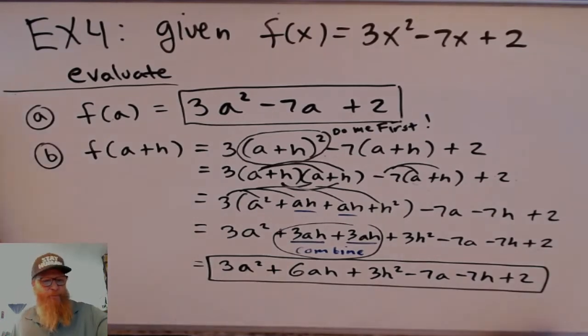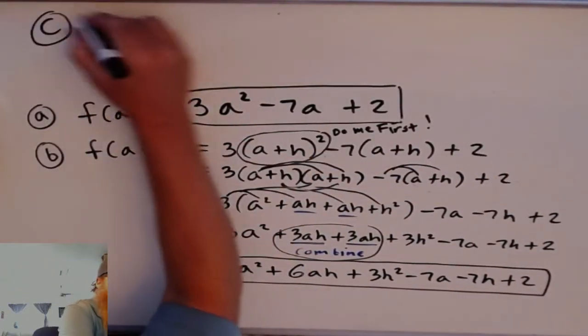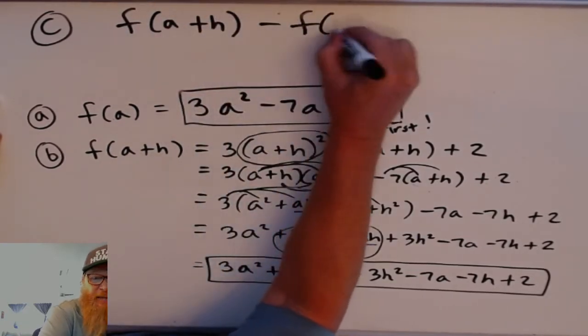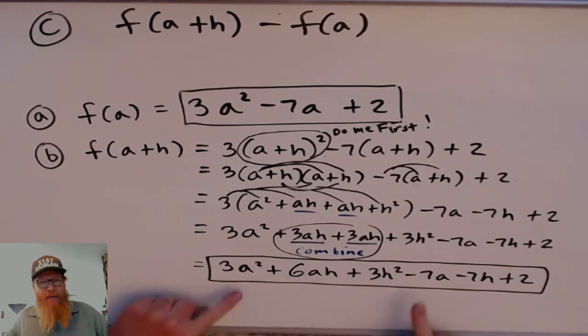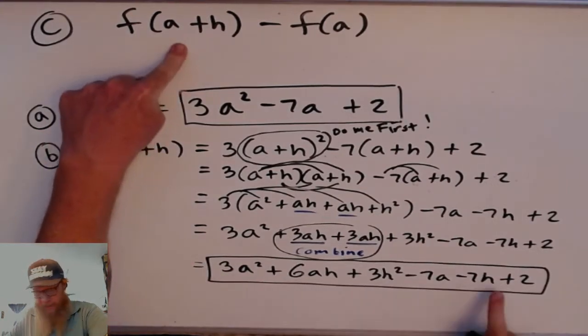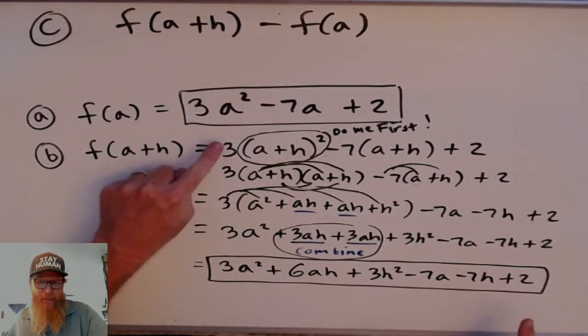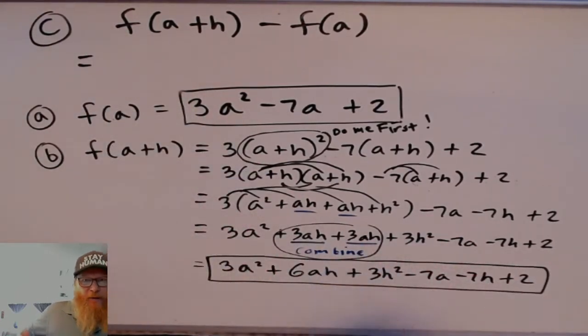Now, let's do part C. I had erased it temporarily. So part C, f of A plus h minus f of A. Well, that's just part B that we've already done, minus part A that we've already done. So we can just copy these, and then I'm going to have to erase all of this.